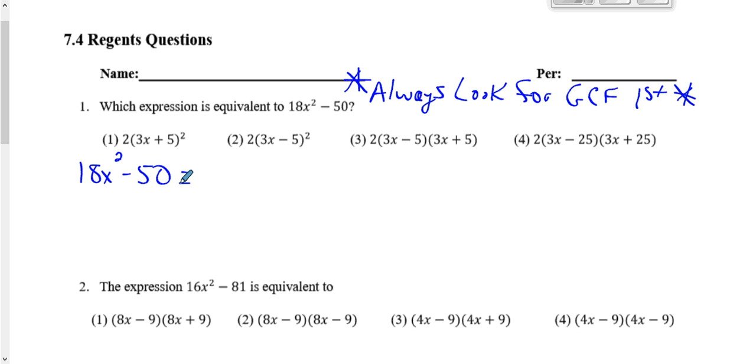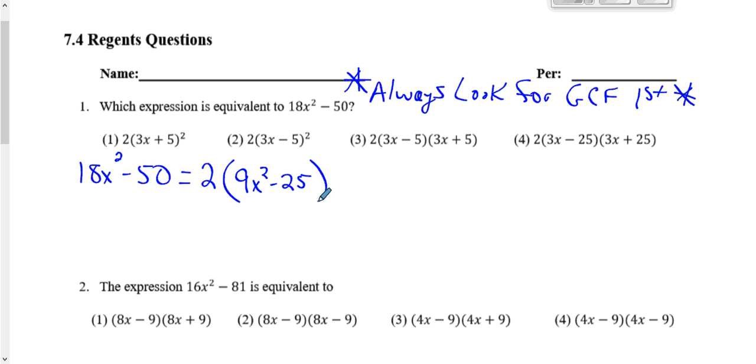It's got to go in evenly. So 2 is the GCF. If I factor out a 2, then what's left? 9x squared minus 25.